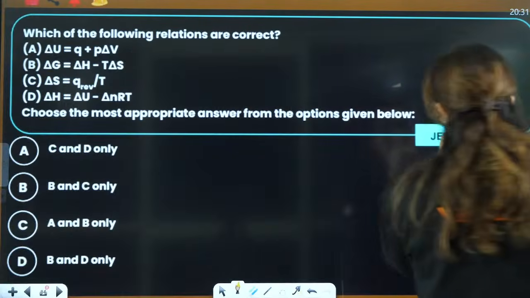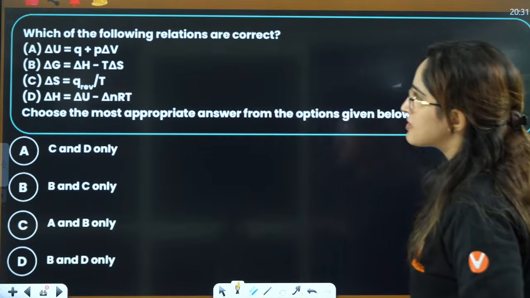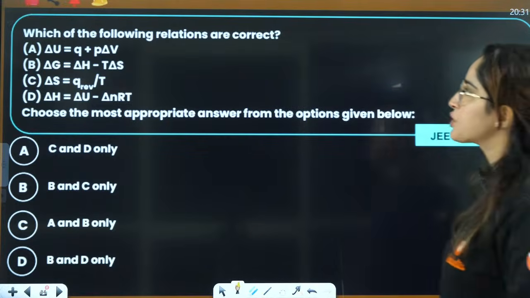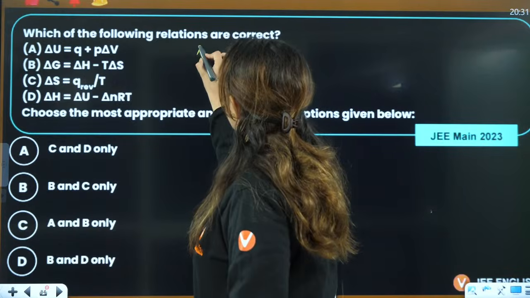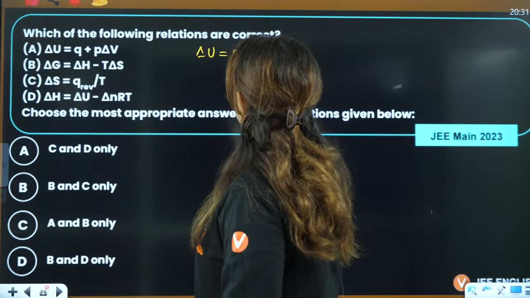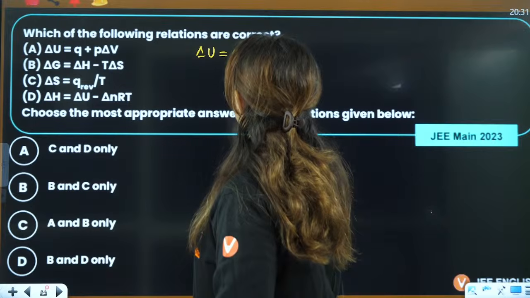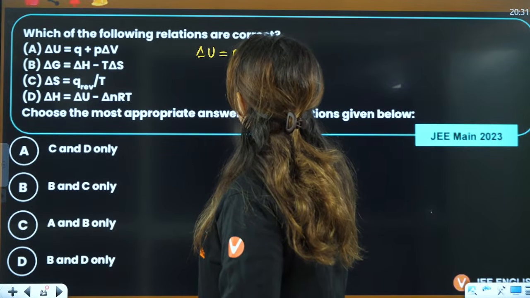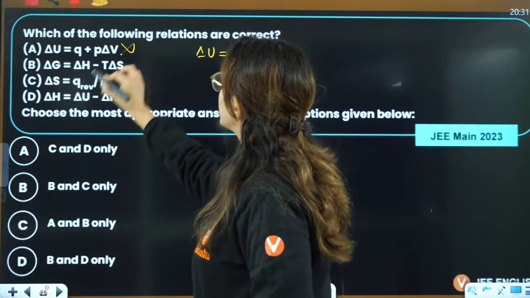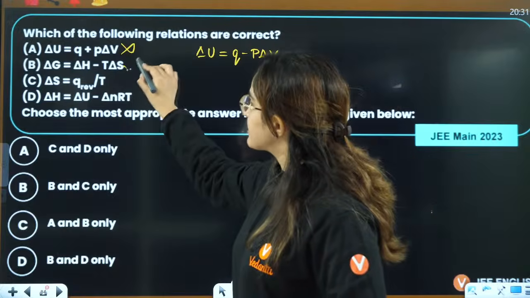If you see the JEE 2023 question, which of the following reactions are correct? So delta U is equal to Q plus W, and W is nothing but minus P delta V. So this is absolutely wrong. Delta G is equal to delta H minus T delta S, that is correct.